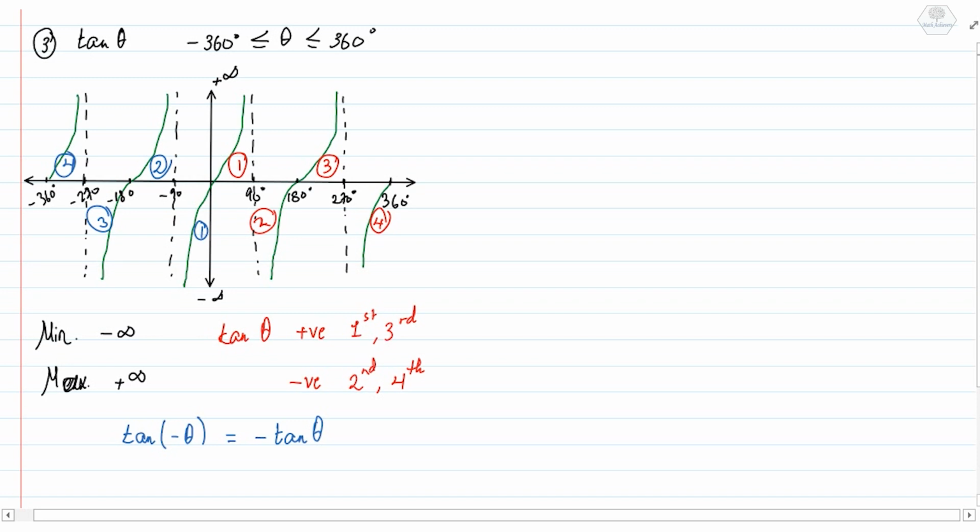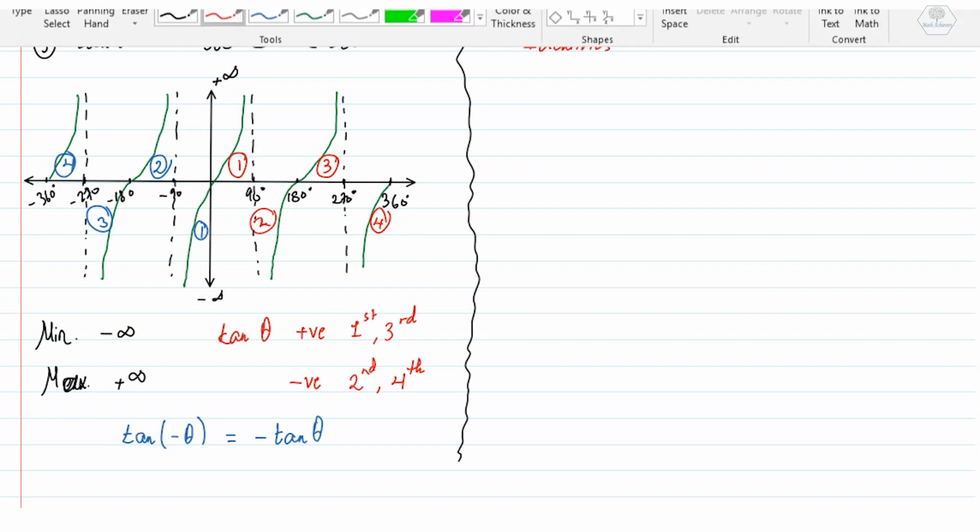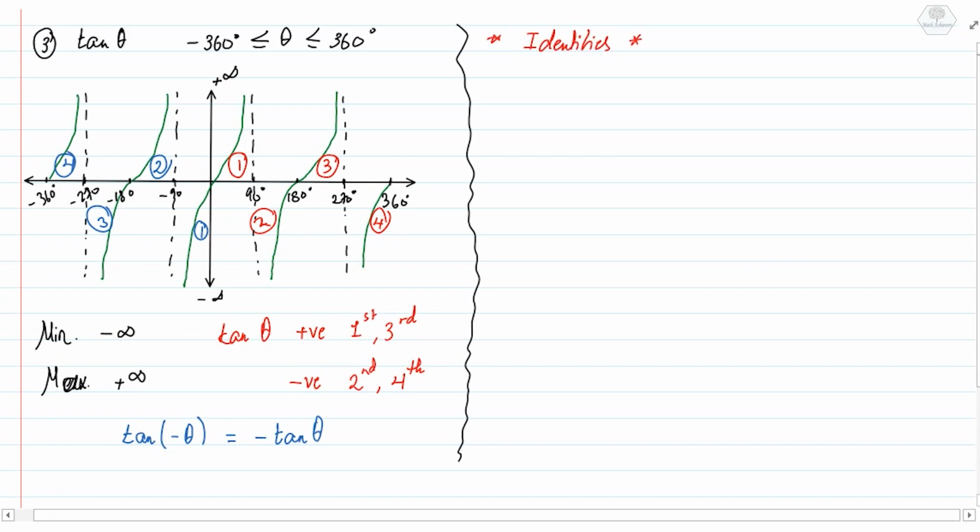Now, after we discussed the behavior of these circular functions, now we can go to some identities. Our most important identity that we need to know is that sine squared theta plus cosine squared theta is equal to 1.